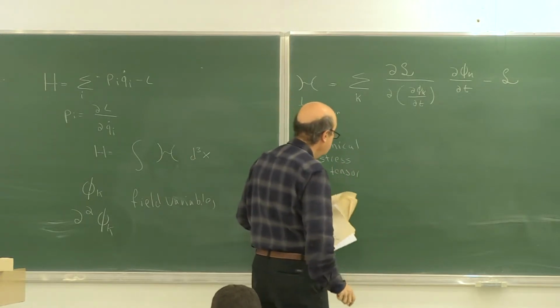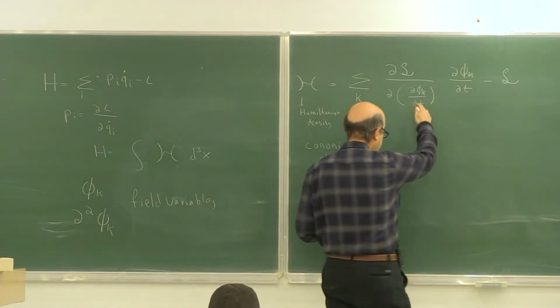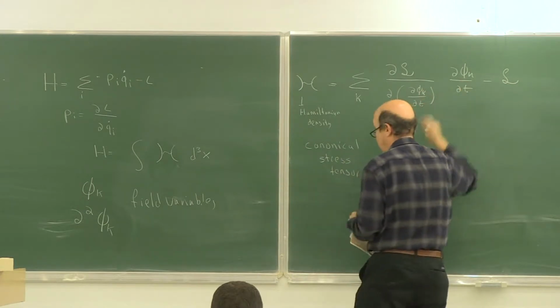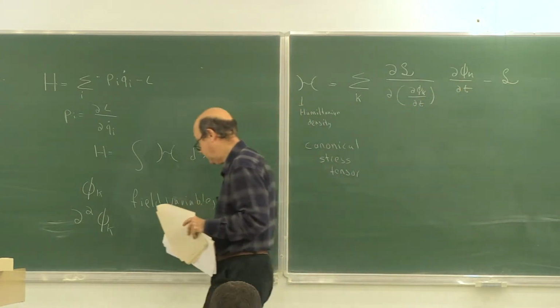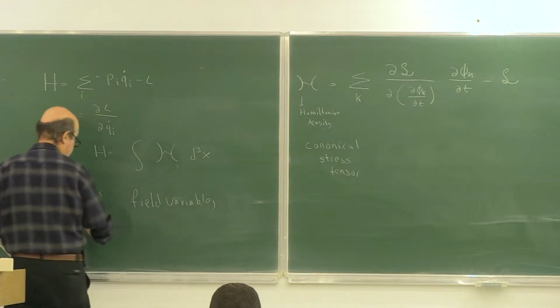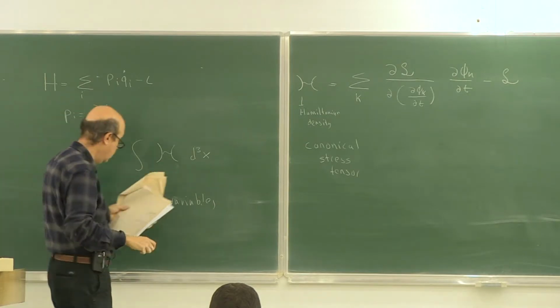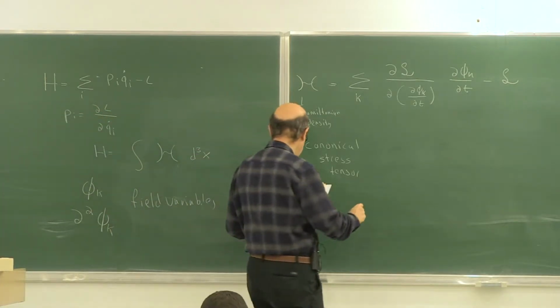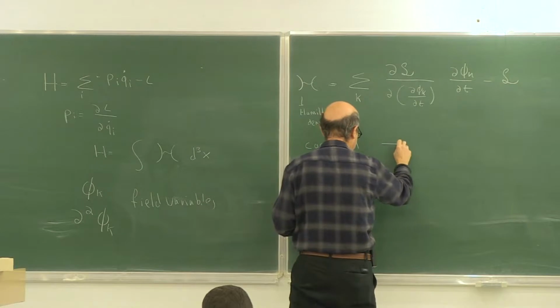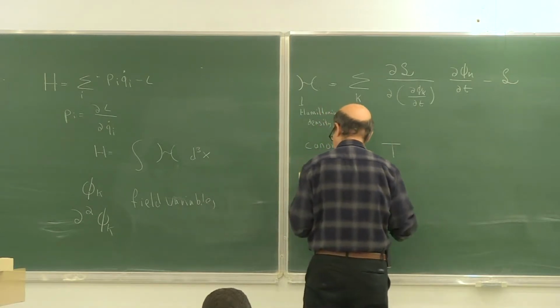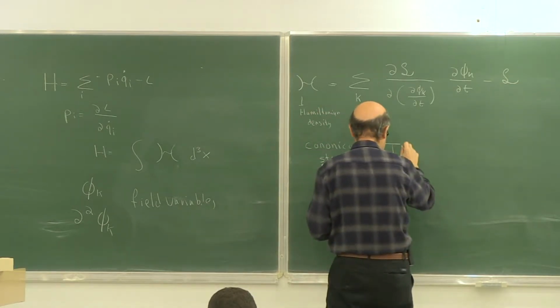So all you do, instead of taking the derivative with respect to the time, you can take the derivatives with respect to all coordinates. So del over del 0, del over del 1, del over del 2, del over del 3. So the definition of the canonical stress tensor is derived from the Hamiltonian, and the definition is the following.